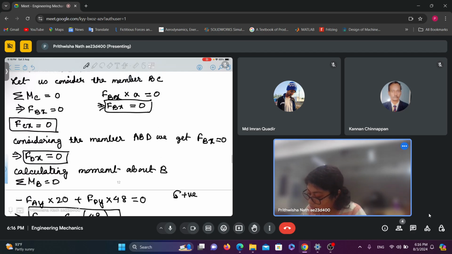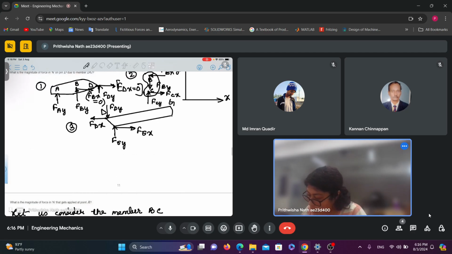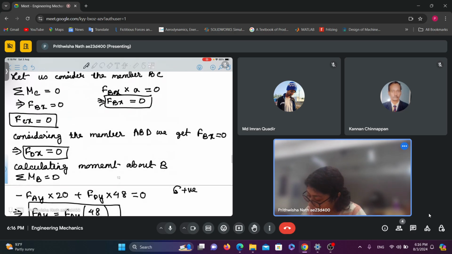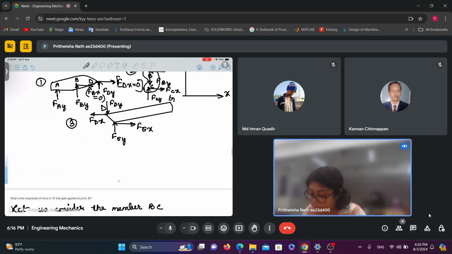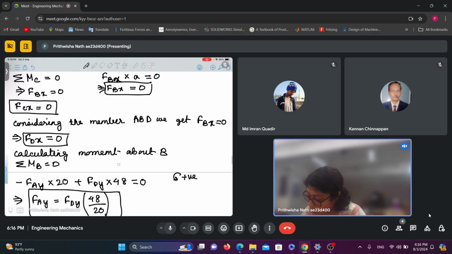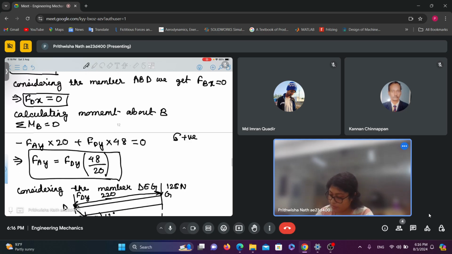Now, we are calculating moment about B. So, FAY is causing a positive moment about B, so it is negative. I am considering anticlockwise moment to be positive. And FDY is causing a positive moment. So, this is the relation between FAY and FDY.